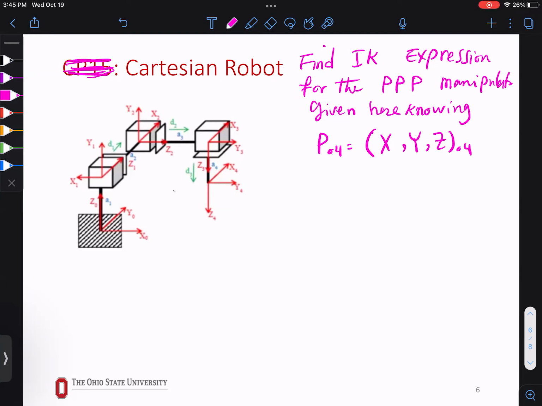Doesn't have any sine cosine in it, right? But the goal was to practice to see if you can find those relationships.